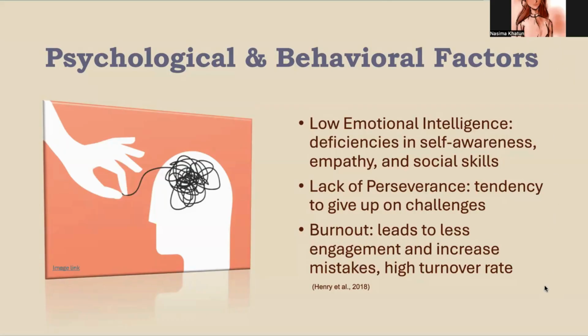Employees who lack perseverance tend to give up easily when faced with challenges, which can impact team performance. Burnout is another key issue, which often leads to less engagement, more mistakes, and high turnover rates. Together, these factors can create tension and reduce overall workplace effectiveness.